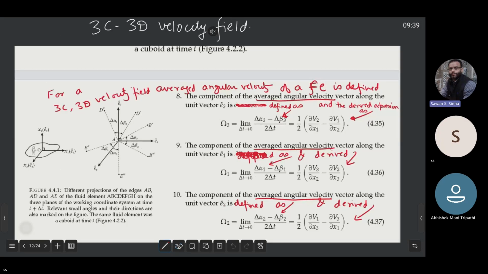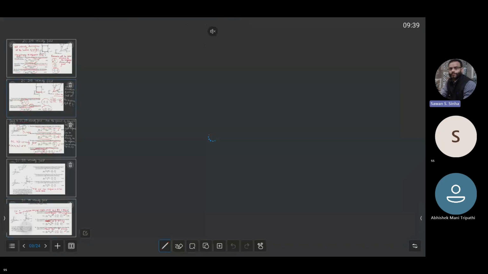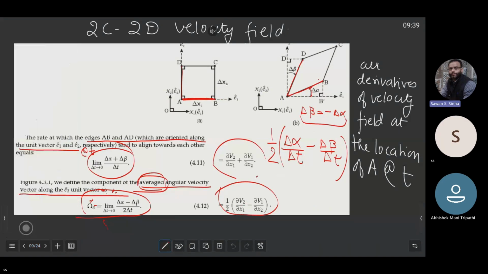The component of the average angular velocity. So when I talked about 2C, 2D, there was one component of average angular velocity which was relevant, and that I was denoting by this omega 3. In the 2C, 2D case, only one scalar component of the so-called average angular velocity vector appears, and that was omega 3.